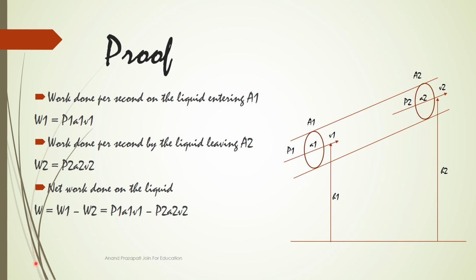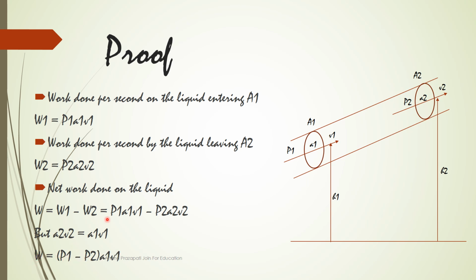But see here, the volume of the liquid at A1 per second is equal to the volume of the liquid at A2 per second. So A1 V1 will be equal to A2 V2. Hope that there is no problem. So work done equals P1 minus P2.